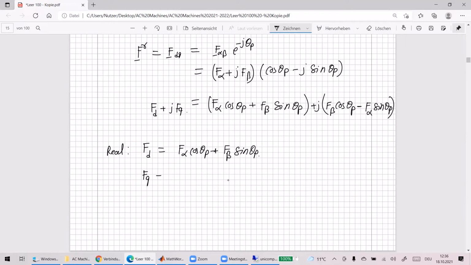And then fq is, I'll write F alpha first, it looks nice to see alpha first, minus F alpha sine theta p plus F beta cos theta p.